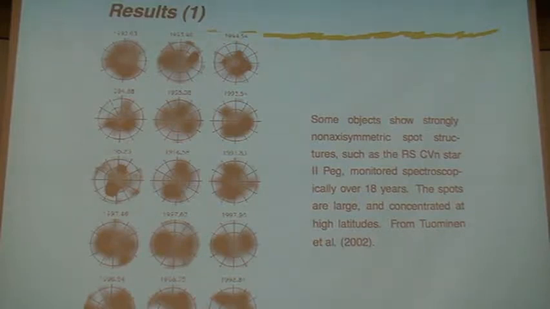But of course, in some other cases, you see that there are lots of these things. It's not very easy to say which one of these is the strongest one, and whether this actually is real. Probably this is a large star spot region which is just blurred out in these observations.